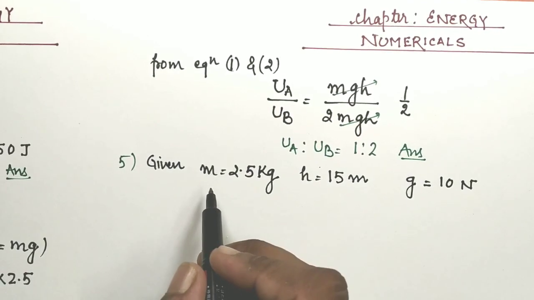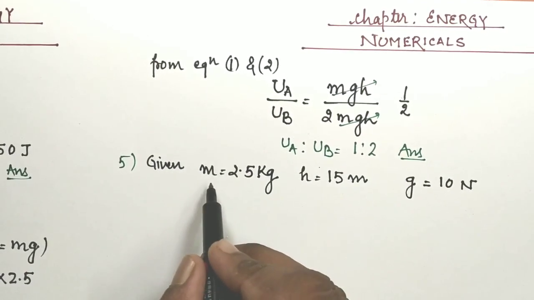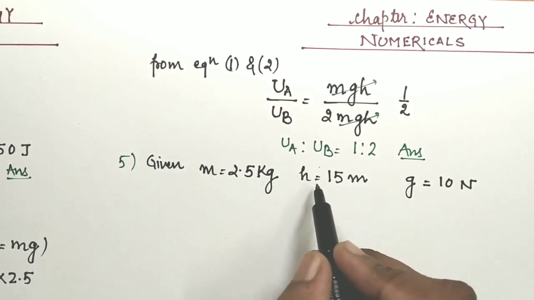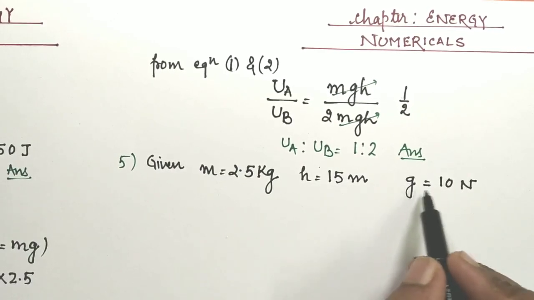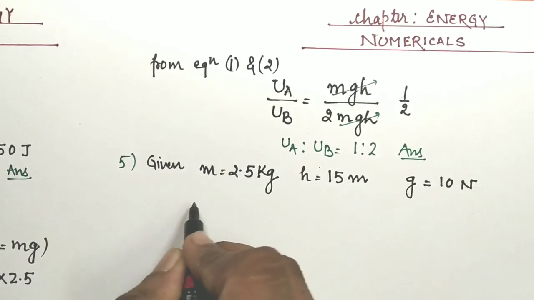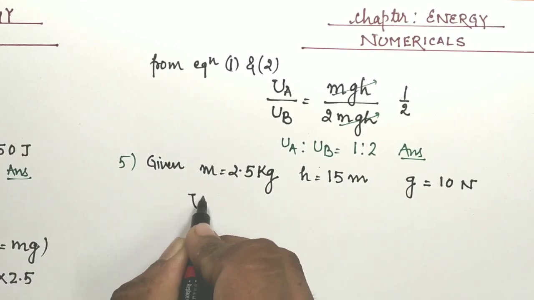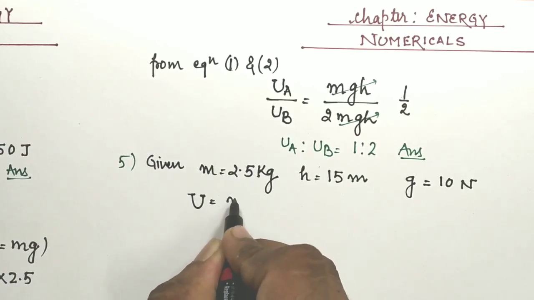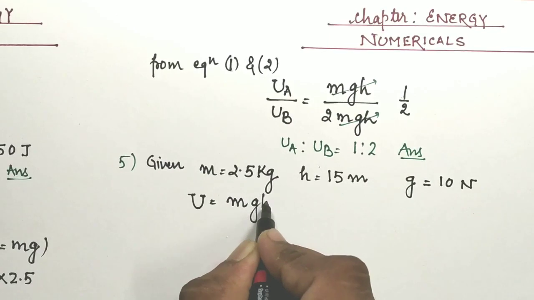So students, in this question number 5, the given mass of the object is 2.5 kg, height displaced is 15 meter and gravity is 10. In order to calculate the gravitational potential energy, U is equal to, first we will write the expression, U equals mgh.